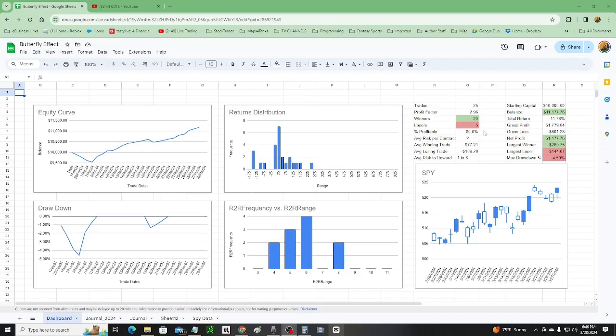And you can see I've also included a chart of the SPY for that same time frame, and obviously, like for the past 5, 6 months, it's been a bullish move. But this strategy doesn't really rely on whether we're in a bull market, bear market, or a neutral market. We're just trading sideways.